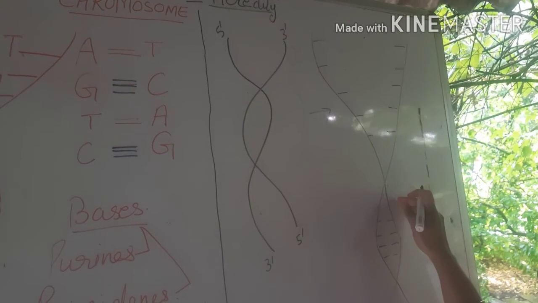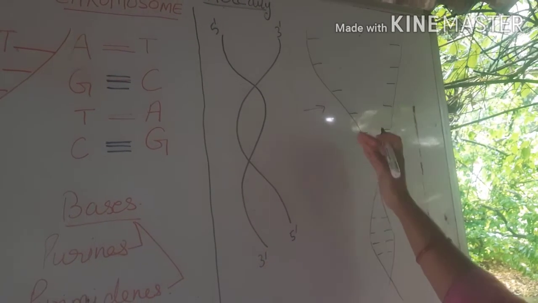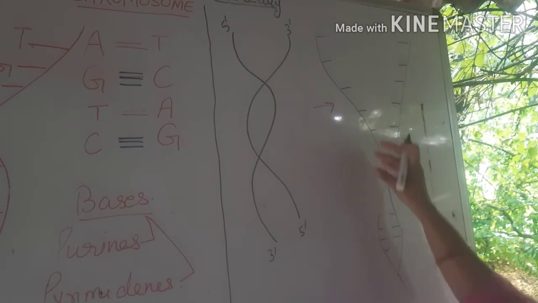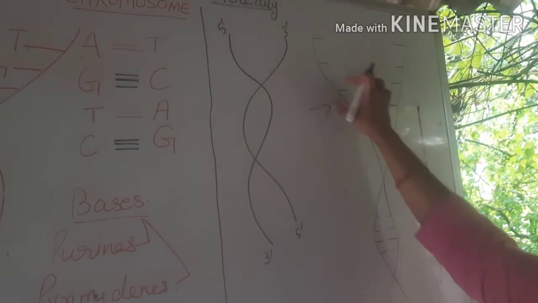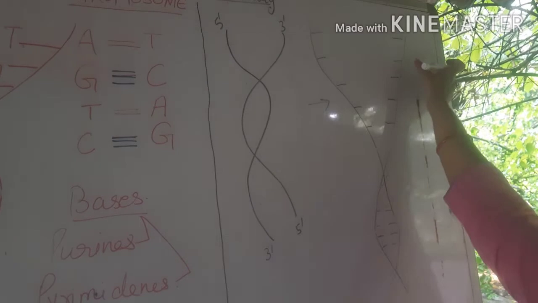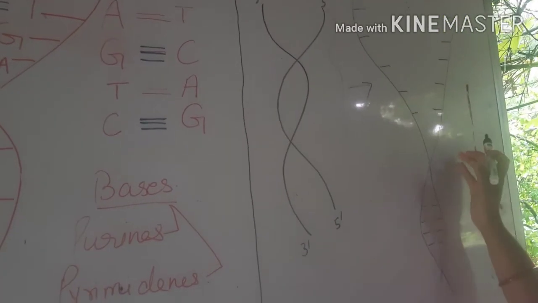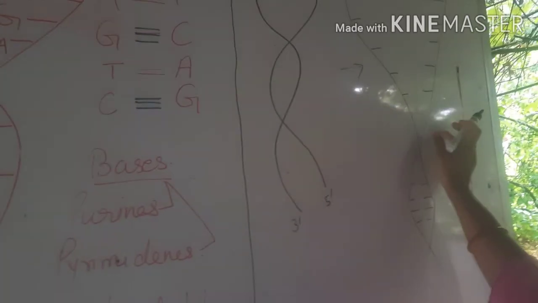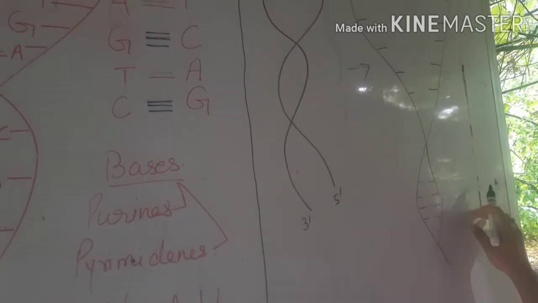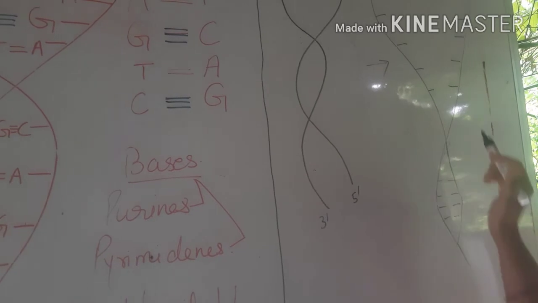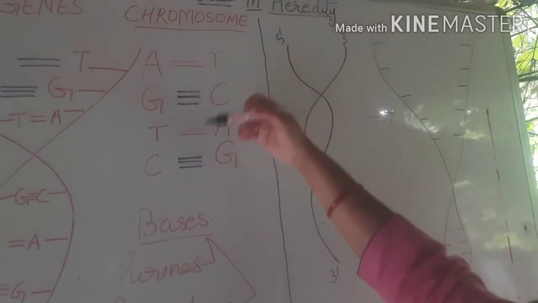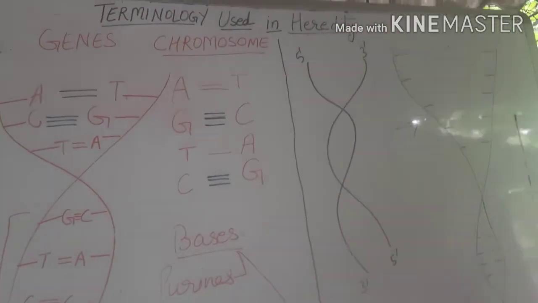In heredity, one strand of the father's DNA will go and join with one strand of the mother's DNA. They both combine together and get into the offspring. This is how the heredity or the traits are passed on.